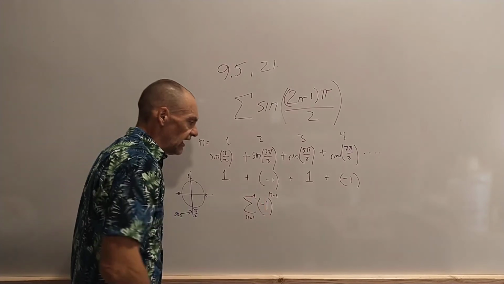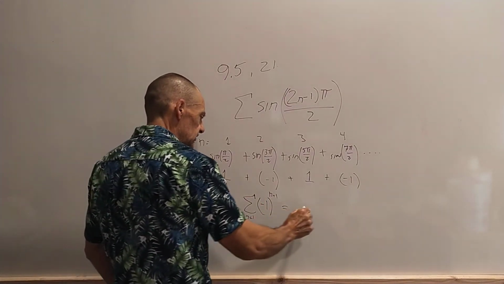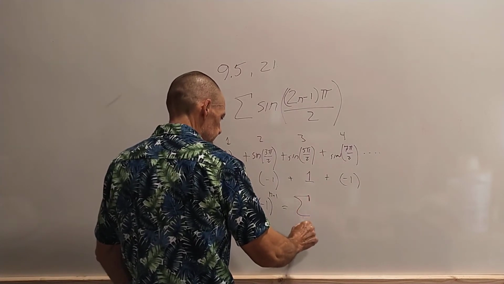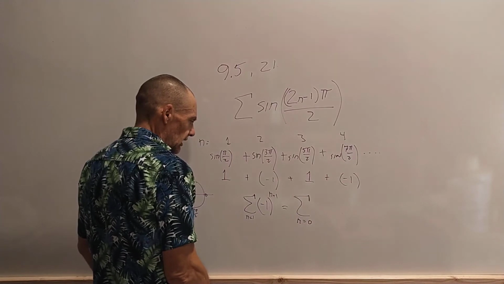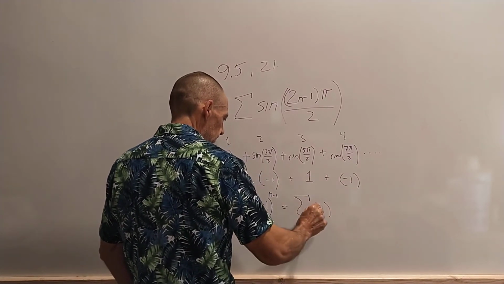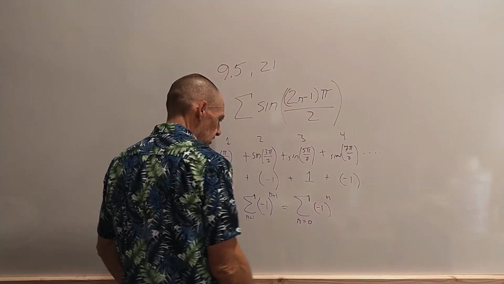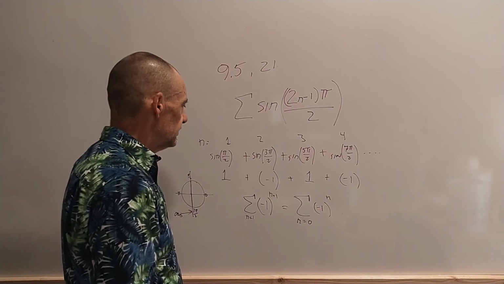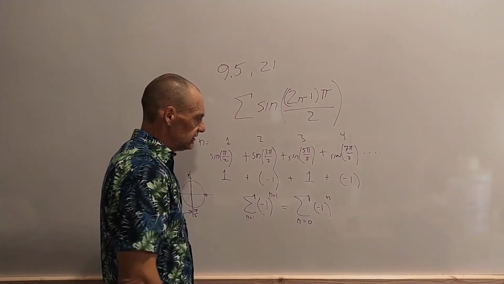Yeah, this is what we've got. We can move this to 0 and get negative 1 to the n, I believe. Yeah, that'll do the exact same thing.